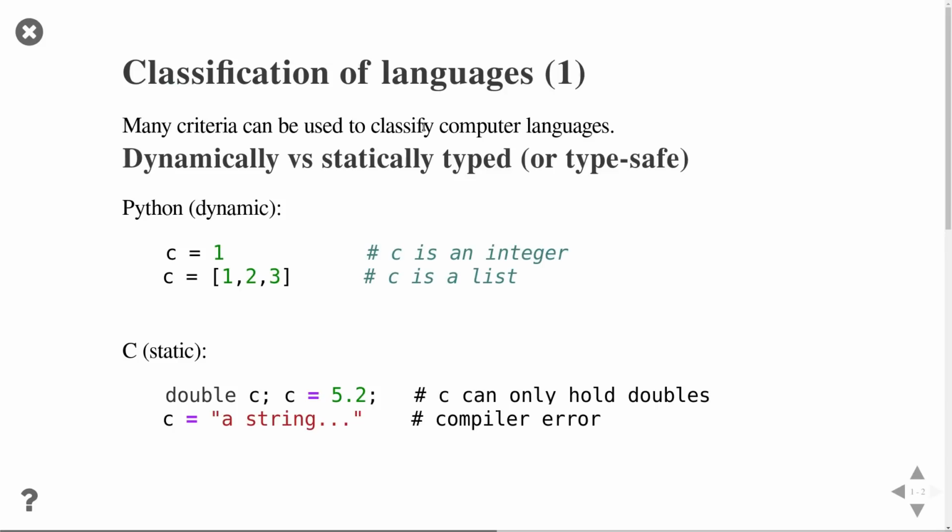And then you can assign a value to it, for instance c equals 5.2. That's going to be a valid statement because 5.2 is indeed a floating point value. However, if you try to add the statement c equals, and then a string on the right-hand side, it will fail because you specified that c is a double and it may never change. So that's a statically typed language. You define once what the type is and it may never change.